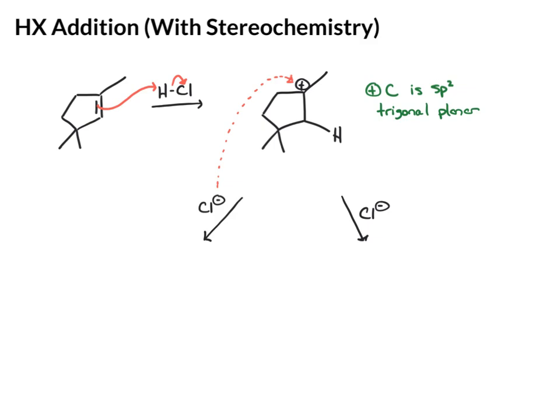So when we draw the product for this, we'll have the methyl out, the Cl back. Now we can do the same thing on the other side, but this time I'm going to bring the Cl in from the front. If that comes in from the front, remember that's going to be a wedged group, so I'm even going to draw my arrow as kind of a wedge if I can.